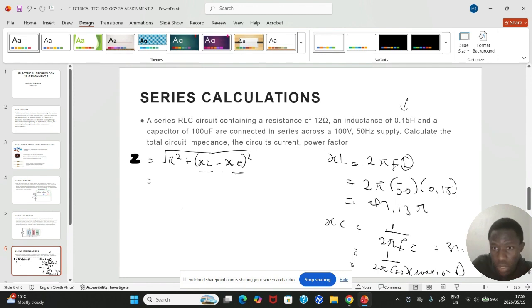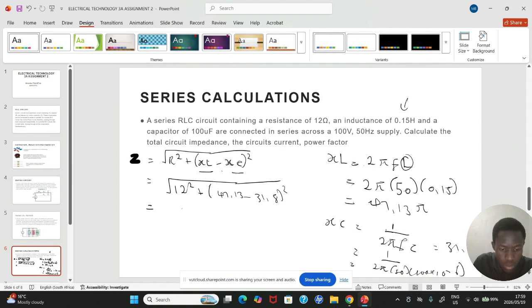Then when we come this side, we say the square root of R squared plus 47.13 minus 31.8, squared. Include them in one bracket. So our total impedance will be, punch your calculators for practice purposes, then tell me what you did.